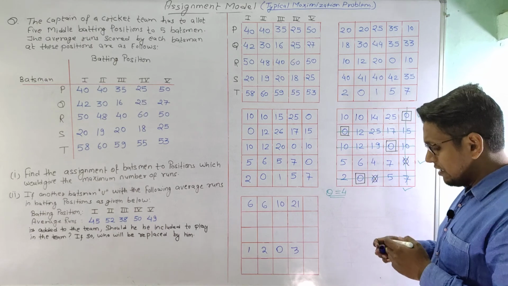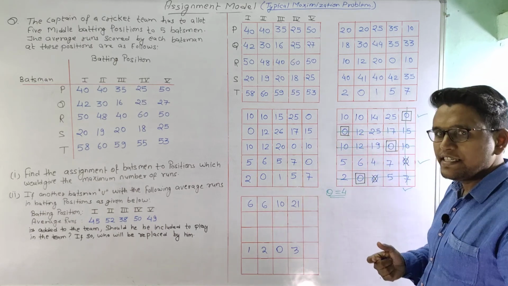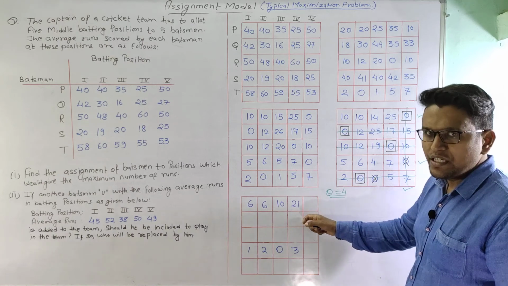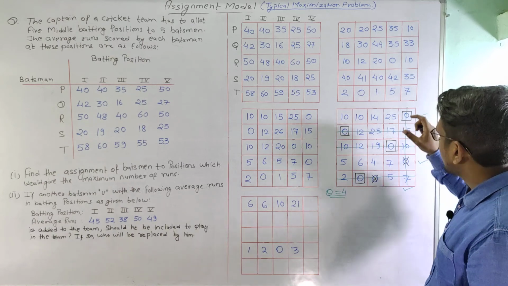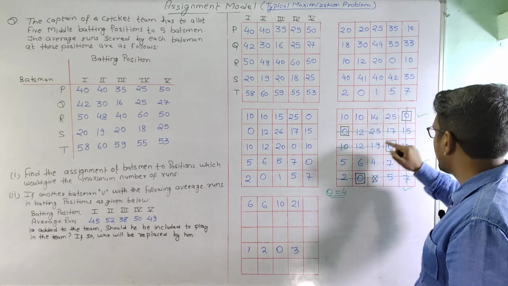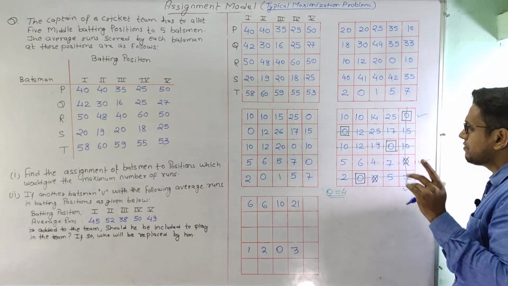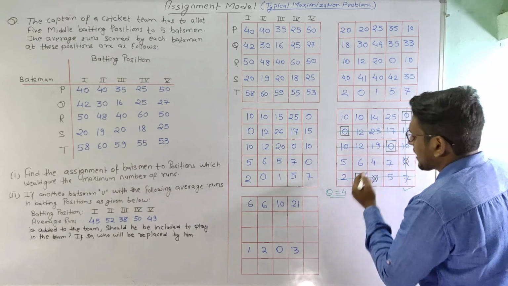Now for those cells where a single line is passing, the new Cij, or the new cost coefficient, will be equal to the previous cost coefficient, the cost coefficient in the previous matrix. So these cost coefficients where a single line is passing will remain as they are. So we will write this.